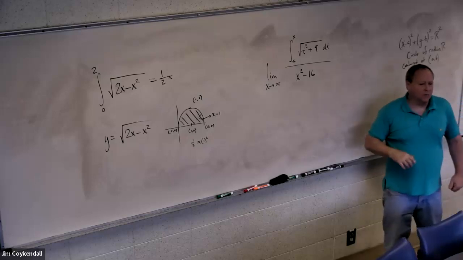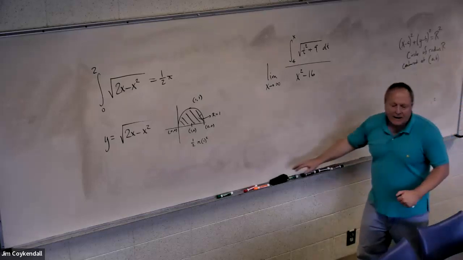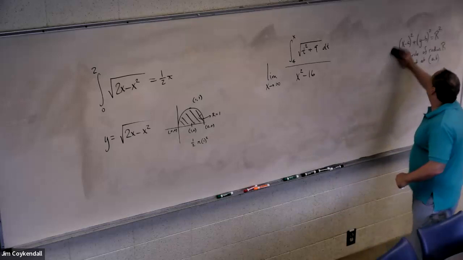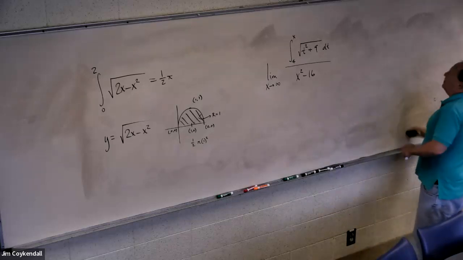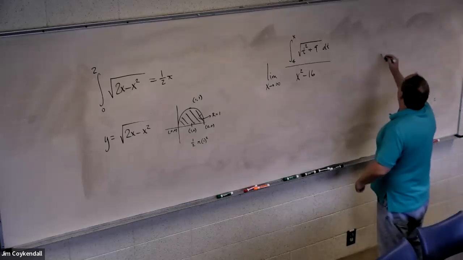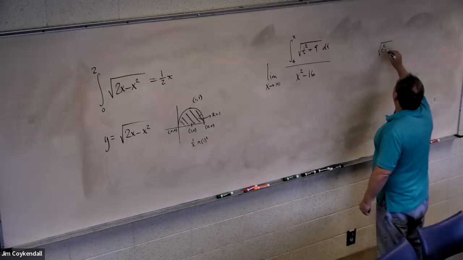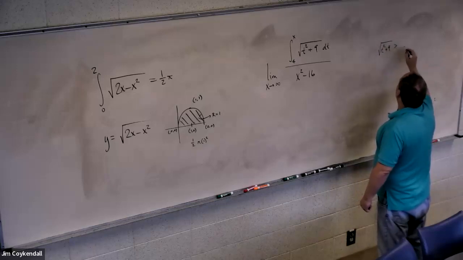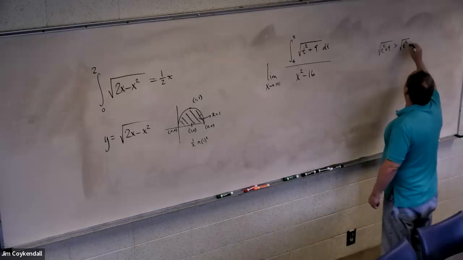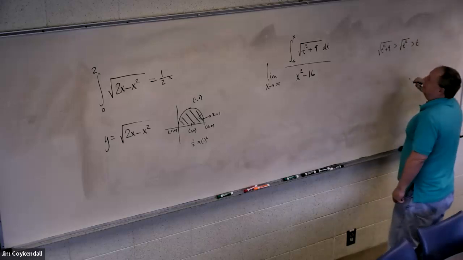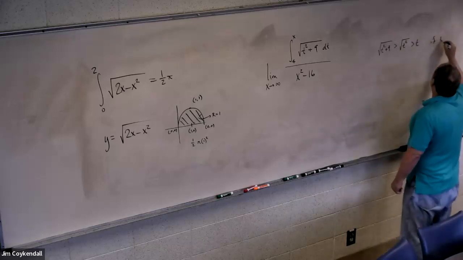The top also goes to infinity. Well, I didn't really demand that you do this, but let me point out that the square root of t squared plus 9 is bigger than the square root of t squared. It's bigger than t, if t is positive.